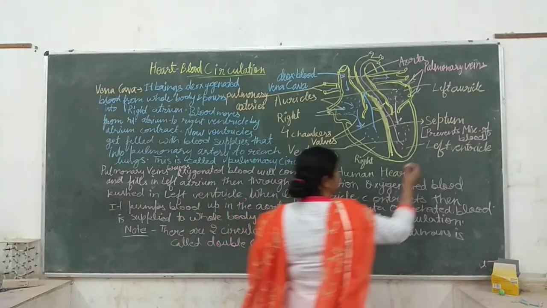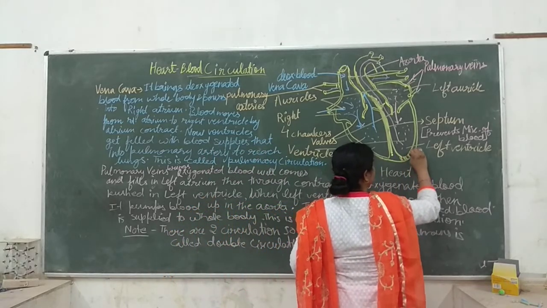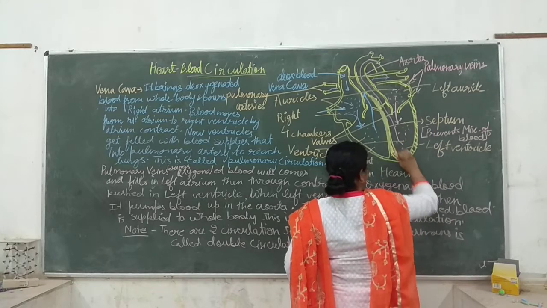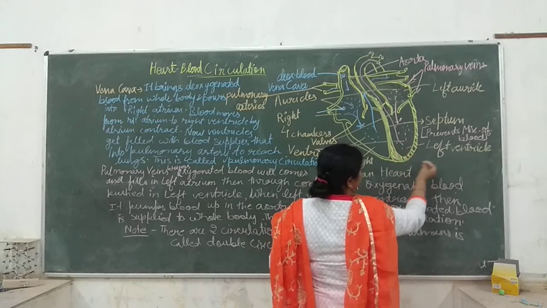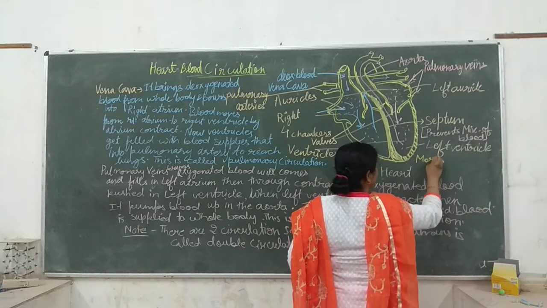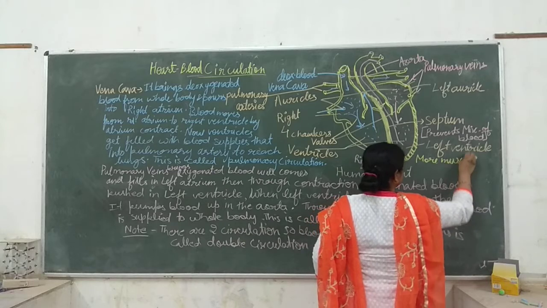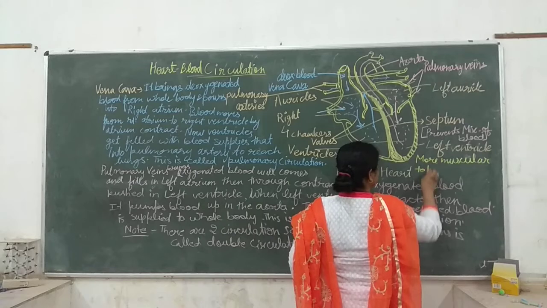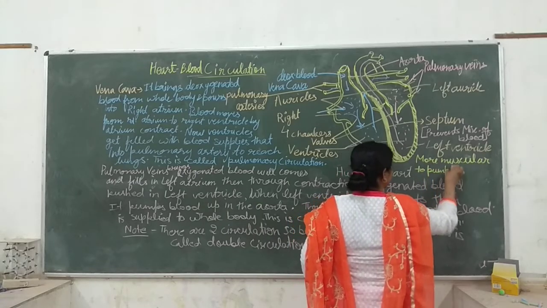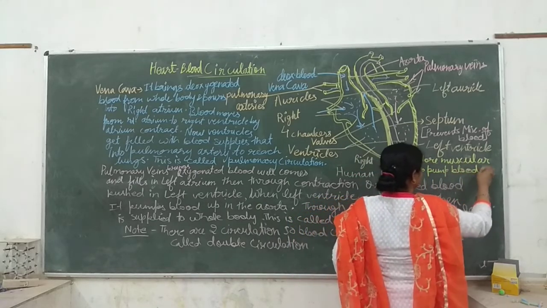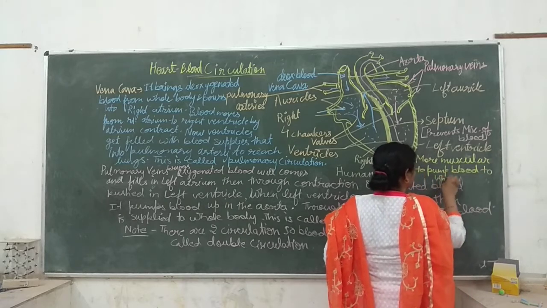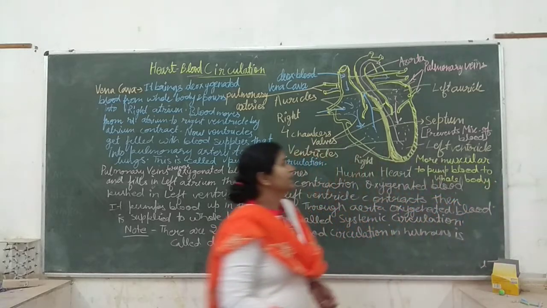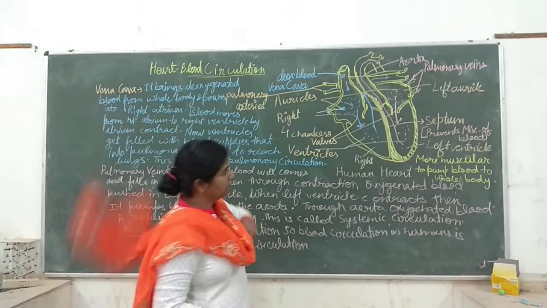The left ventricle is very highly muscular, having thick muscles, and the heart is thicker on the left side, as muscular as needed to pump blood to the whole body. The question comes: what is the importance of the septum?